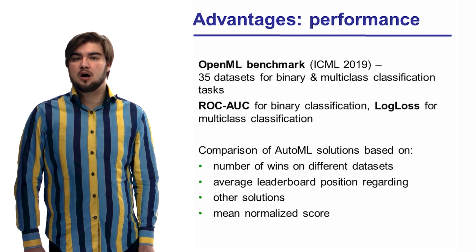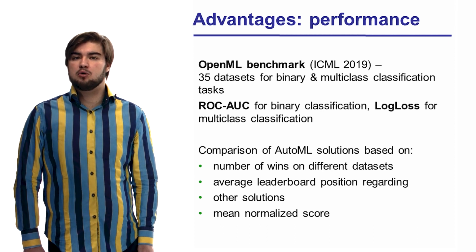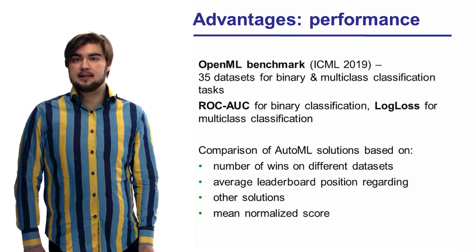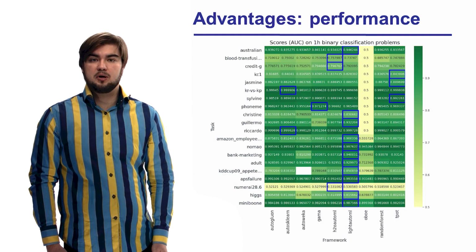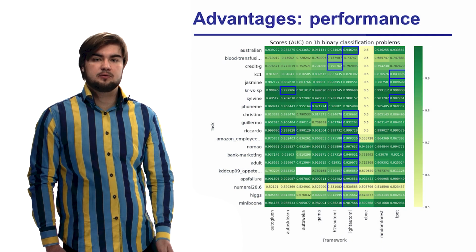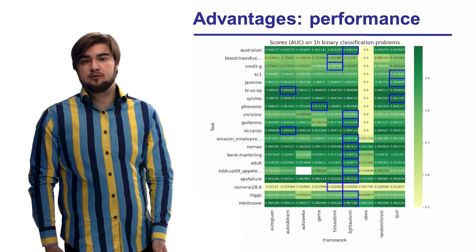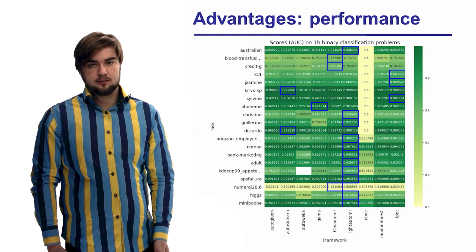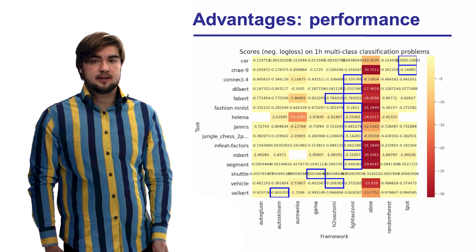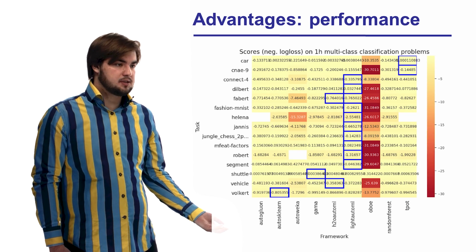AutoML solutions are compared based on the number of wins on different datasets and average leaderboard position and the mean normalized score. On this slide, you can see the comparison of different solutions for binary classification tasks, with LightAutoML frequently being the top one model. And on this slide, a similar table for multi-class classification is presented.